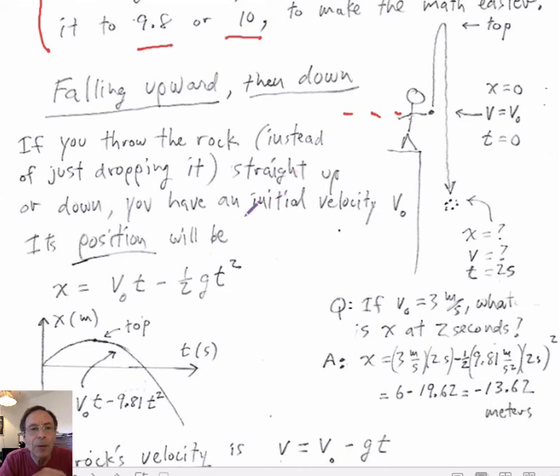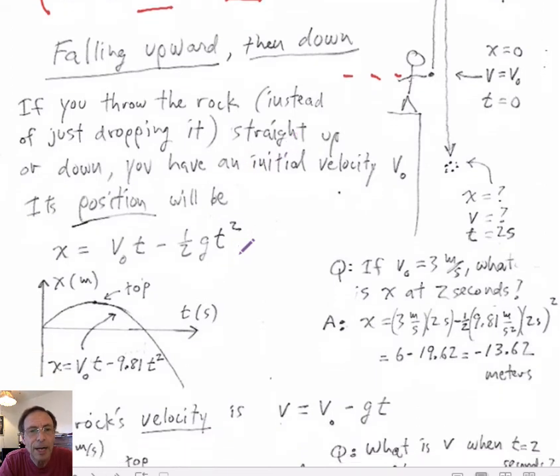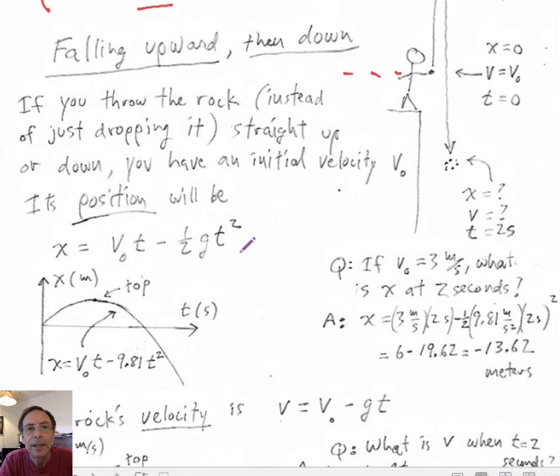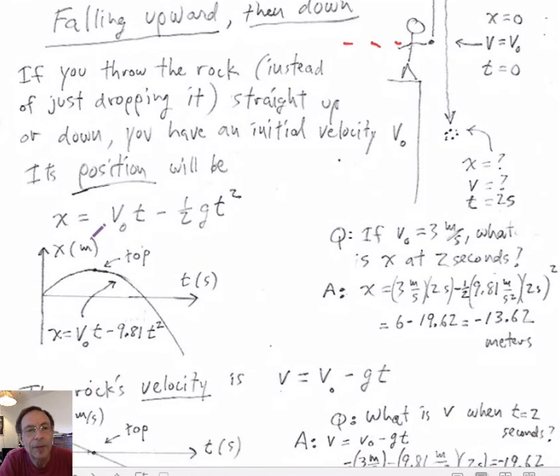Now, what that will look like in a graph is like this. You're going to have x becomes v0, the initial velocity, that upward toss, times t, minus 1/2 gt squared. And if I graph that, it's still a parabola, but the parabola goes up and then comes back down.